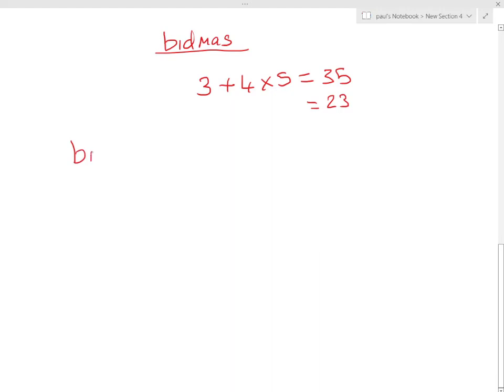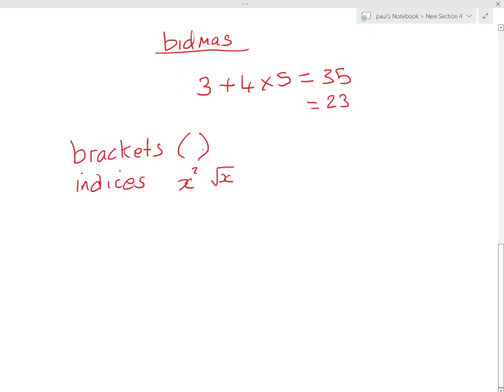B stands for brackets. Anything that's inside the brackets, get rid of. Next thing is something called indices. Now indices is when we have, I'll use an x, a little square or a cube, that's an index, or a square root or cube root, that's also an index.